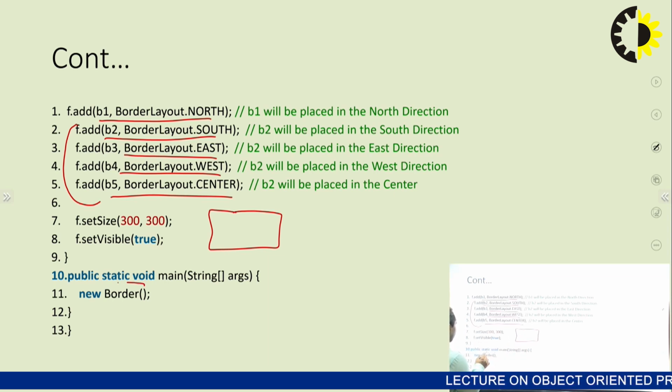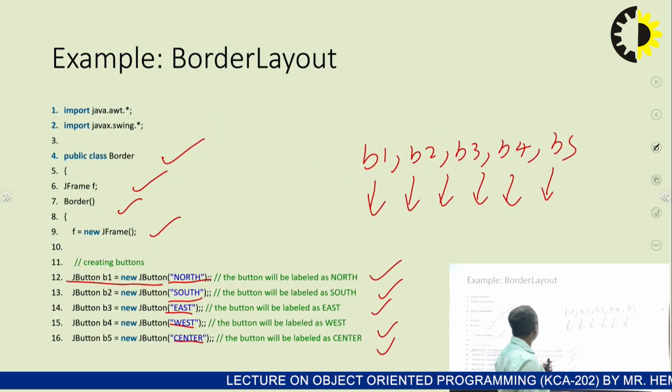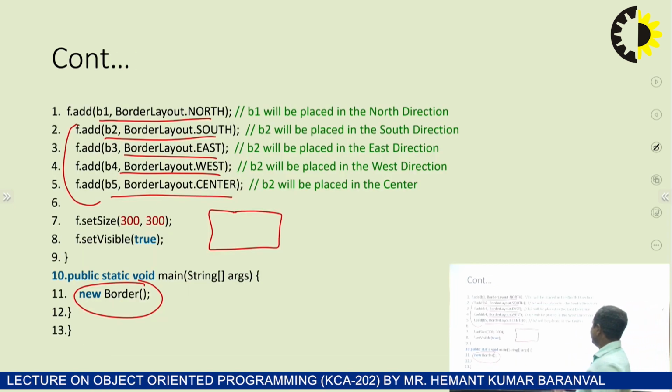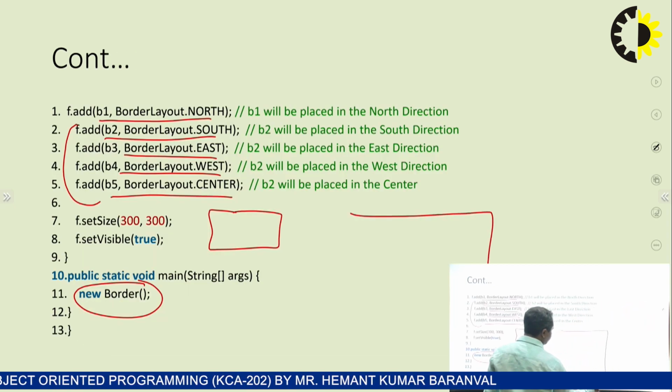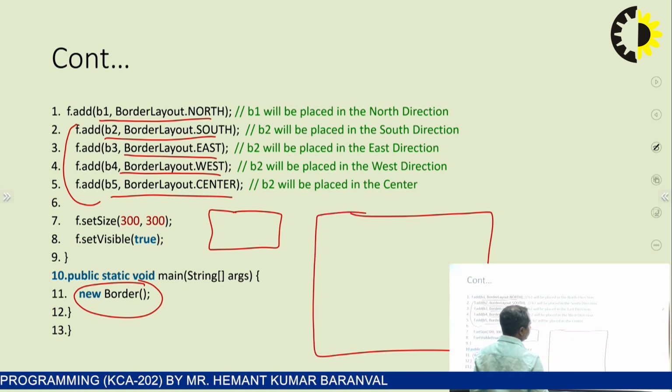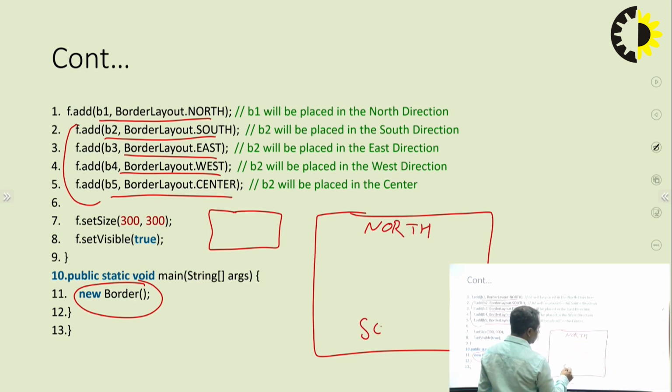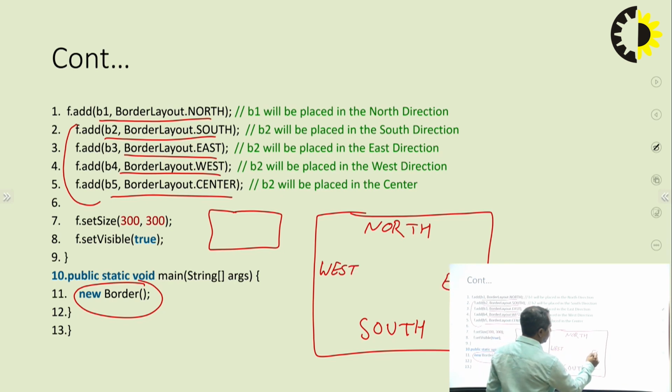When this class constructor executes, the object is created and the constructor of this class runs, and it will show like this: here north, here south, west and east, and here center.